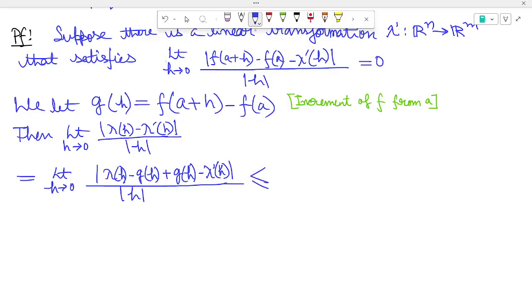Now R^n has a norm, which is a metric, and a metric satisfies the triangle inequality. So I can apply the triangle inequality and apply the limit separately.